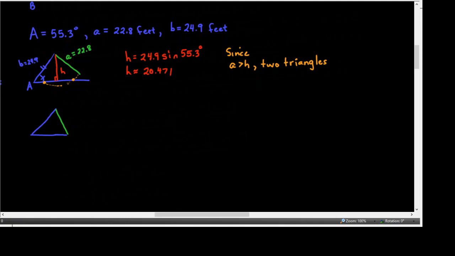So this is the first one. This is your 22.8, which is side A. This is angle A, which we have given as 55.3 degrees. So that's given, and B is 24.9.